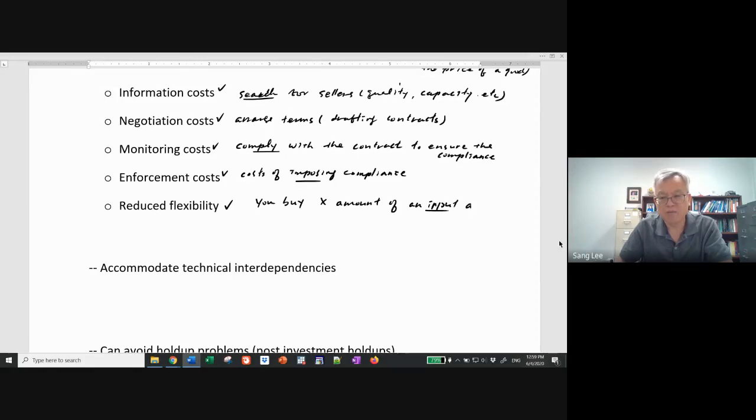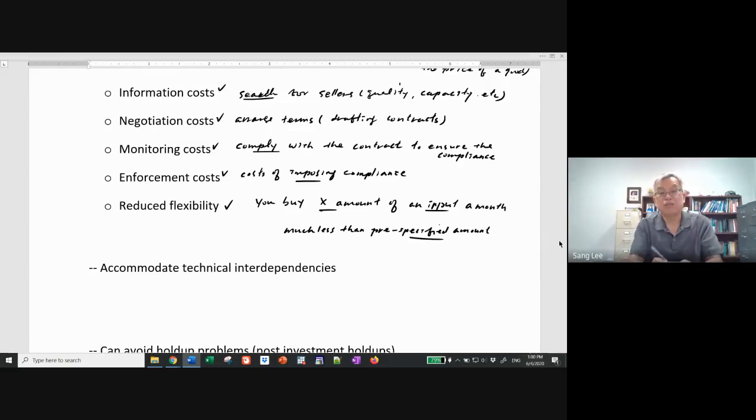Okay. Every month. Okay. But now business is slow as the market condition changes. So what? Actually, you don't need to use what, X amount of input every month. So actually, you need what, much less than the pre-specified amount.